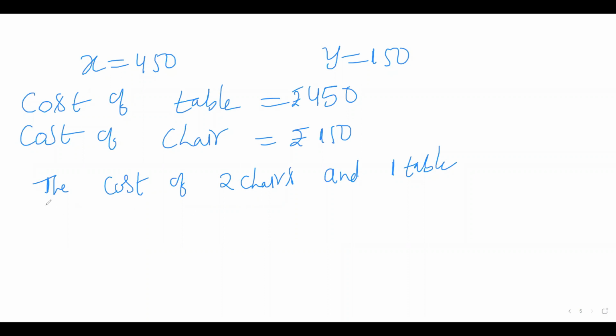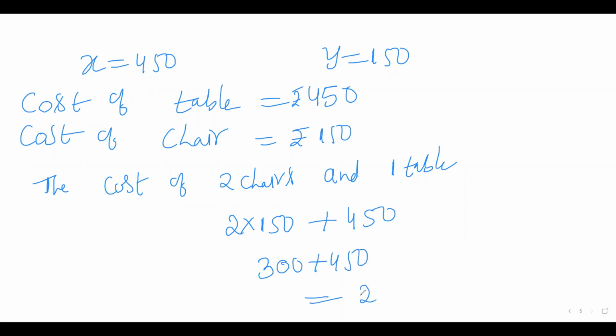He is asking us to find the cost of 2 chairs and 1 table. So chair cost is 150. Table cost is 450. So 2 into 150, 300 plus 450. So rupees 750 is the answer.